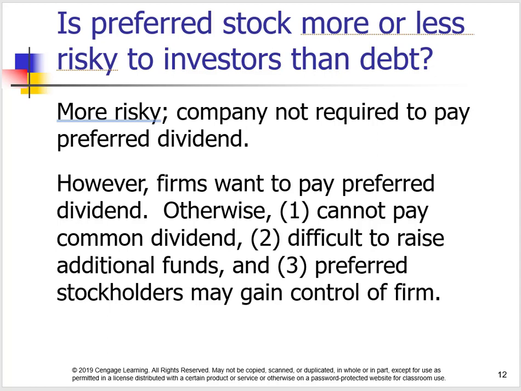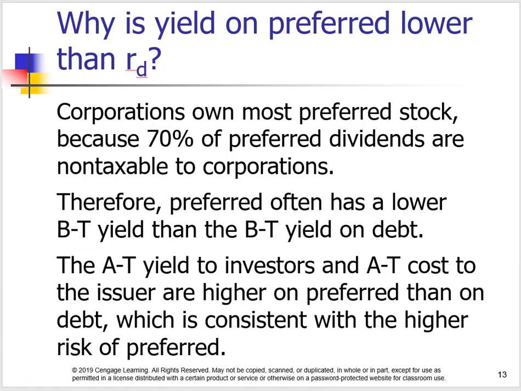Again, most companies want to pay it because if they don't, they can't pay a common dividend. It's difficult to raise additional funds. And preferred stockholders might gain control of the company if they don't make payments, right? So in general, preferred stock is probably less risky on the face of things than debt.